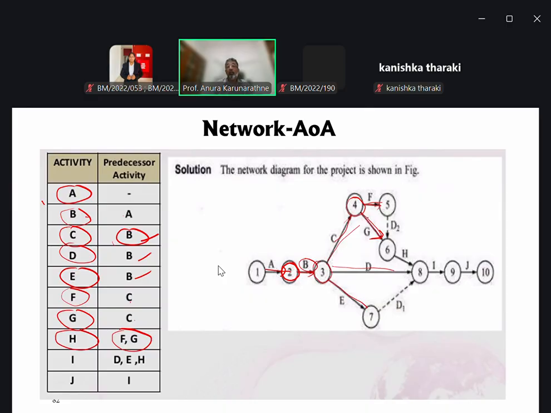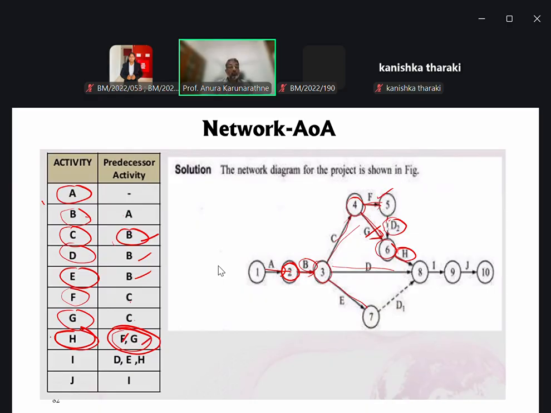So we cannot go for H after completing both F and G directly. Therefore, we have to have a dummy activity here. Then we can link both F and G. Otherwise, we cannot achieve this requirement, right? So we have to have a dotted line here. Then we can go for H after completing F and G, right?